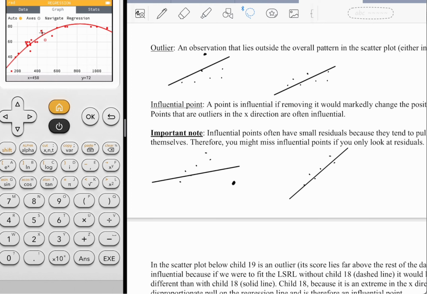If I know my slope is going to increase in the positive direction, that means my correlation is going to increase. And correlation increasing is a good thing if you're looking for a relationship between two variables. So this one is an outlier without influence. This one they just call an influential point, but it really is an outlier with influence.